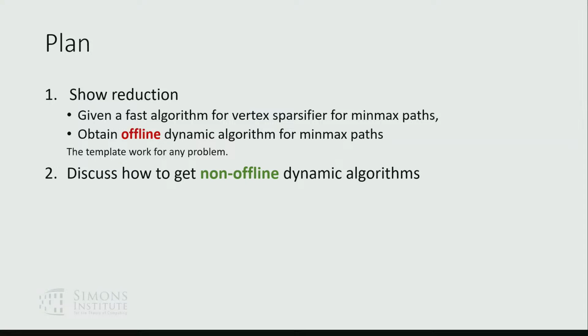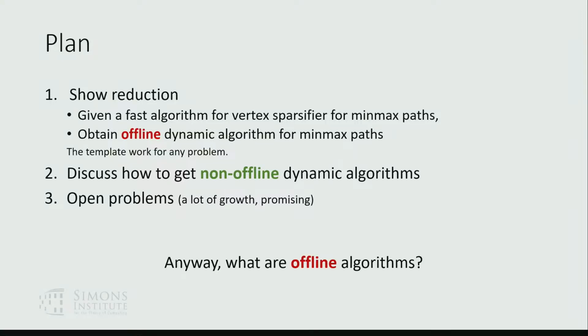And then discuss a bit how the same idea also applies and gives you the non-offline one, the standard dynamic algorithm. And point out a bunch of open problems in this area. But anyway, let me tell you first what offline algorithms are exactly. So what we will look at is the offline dynamic algorithm.